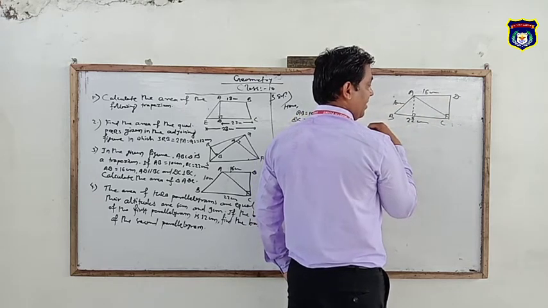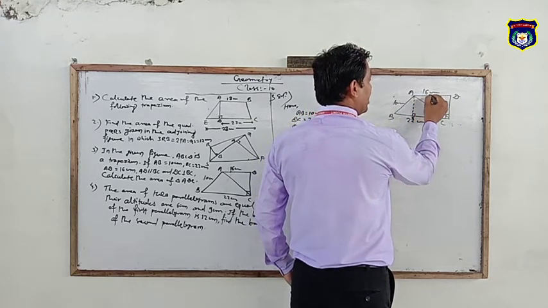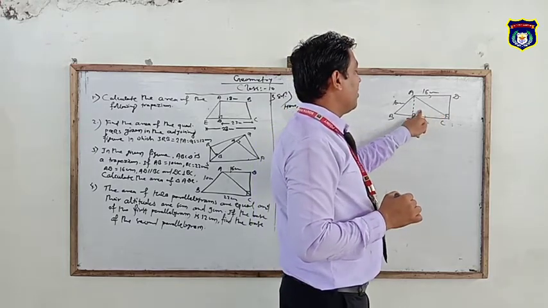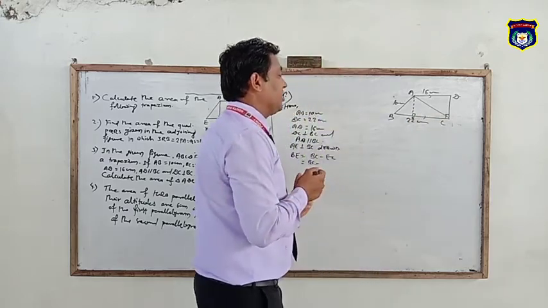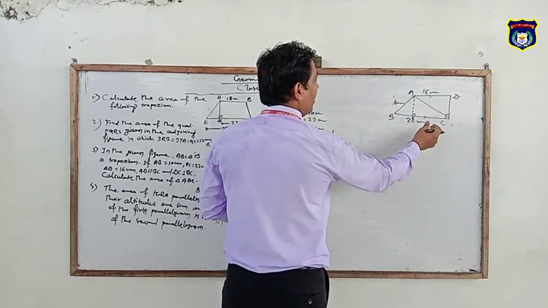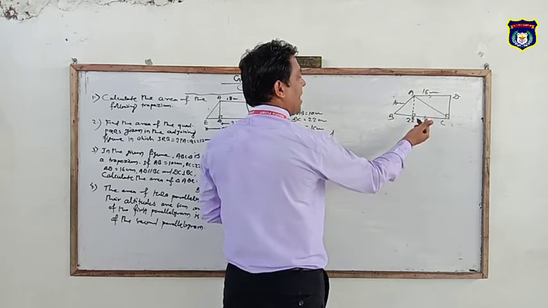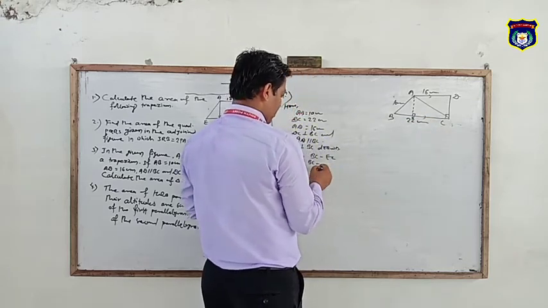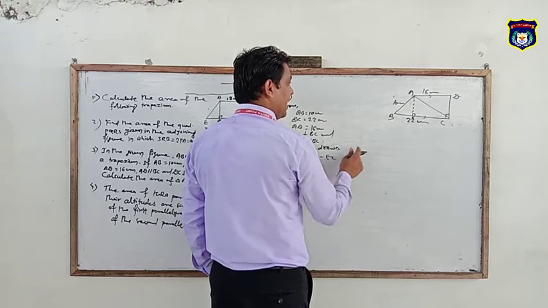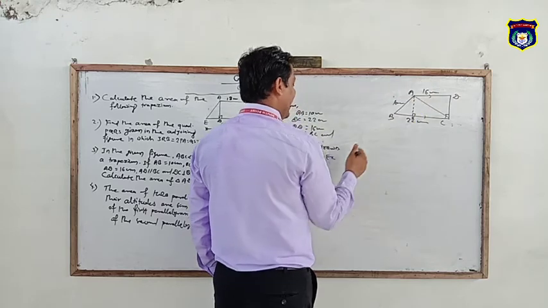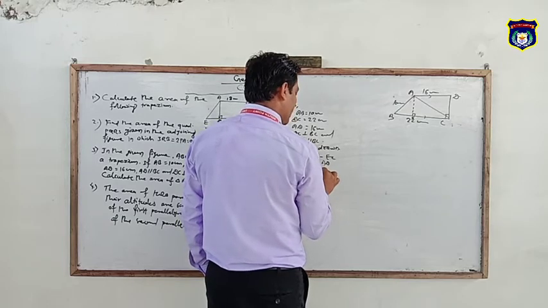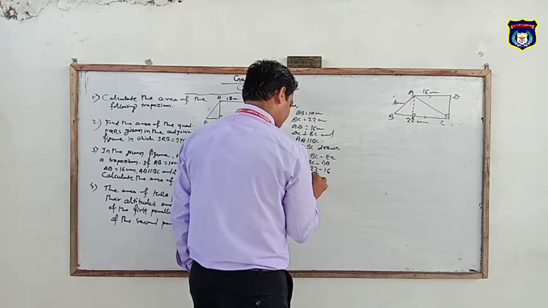I think you know AD is parallel to BC, and by the construction, this is a perpendicular line. The perpendicular line which is situated between two parallel lines is always equal. So opposite sides of the parallelogram are equal. The BC minus EC, that means EC value is equal to AD. BC is 22 and this is 16, 6 centimeter.